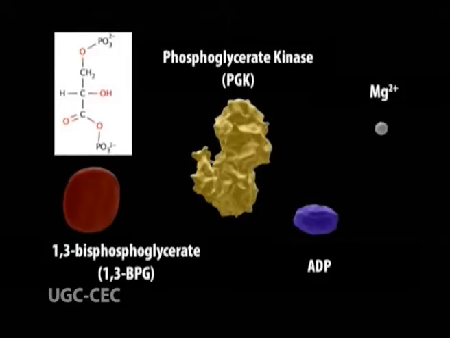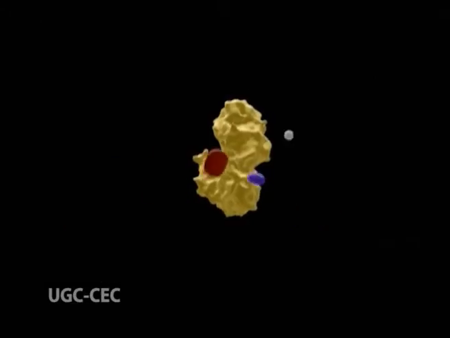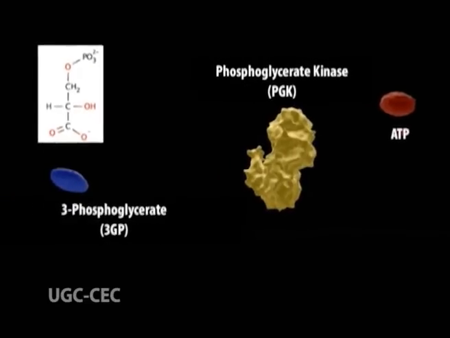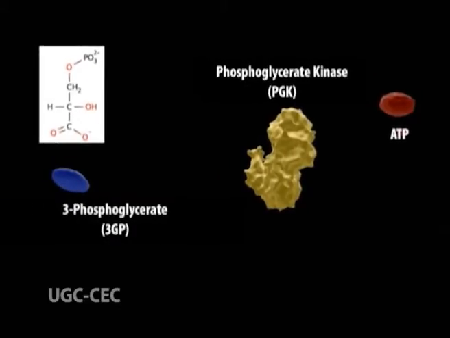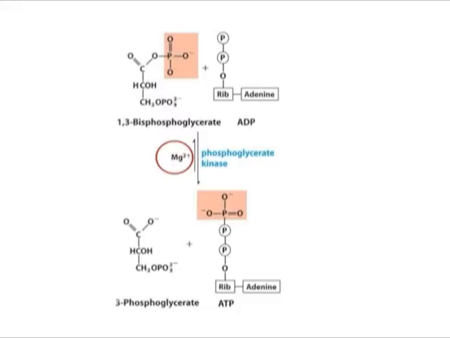In this step, phosphoglycerate kinase, PGK, transfers the high energy phosphoryl group from the carboxyl group of 1,3-bisphosphoglycerate to ADP, forming ATP and 3-phosphoglycerate via substrate level phosphorylation. Mg2+ is involved to shield the negative charges on the phosphate groups of the ATP molecule.